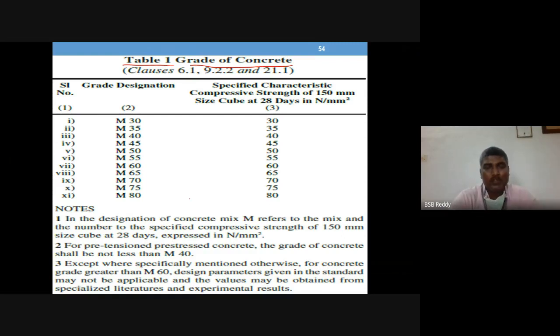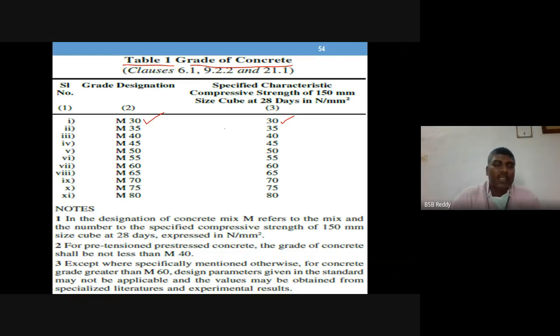This is taken from IS 1343: 2012, Table 1. You can see the minimum grade itself is M30, and its characteristic compressive strength at 28 days is 30 megapascal, 30 Newton per mm square.